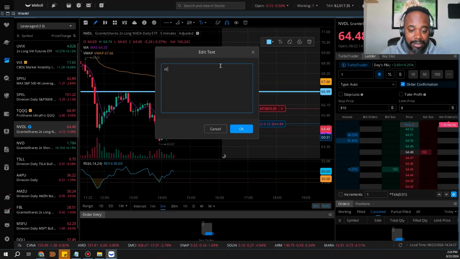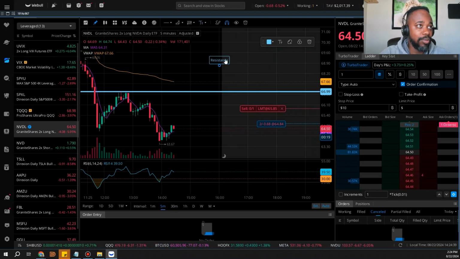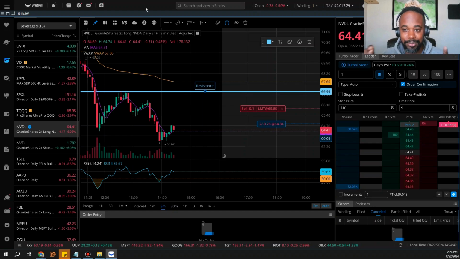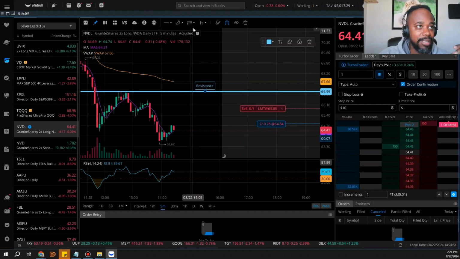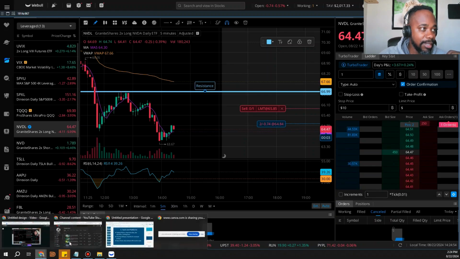And then you can say something like resistance as a note. Resistance, and then you'll need to know where support is as well. So there's different ways you can utilize these tools to your needs. So again, take note of that: resistance and then support. Resistance, support. Remember that. And if you need to, do a little bit of research there. Okay.